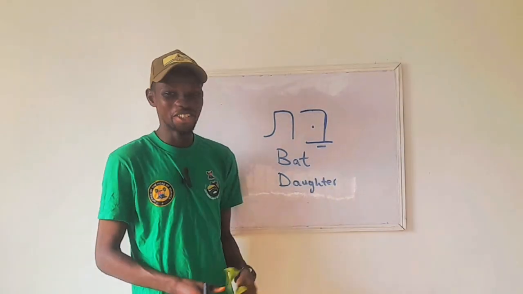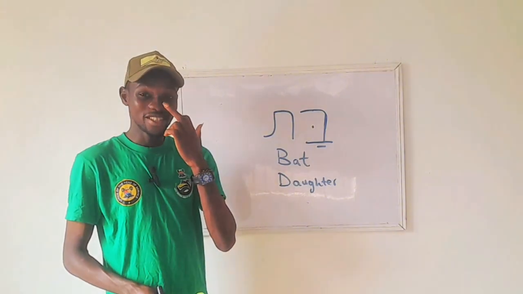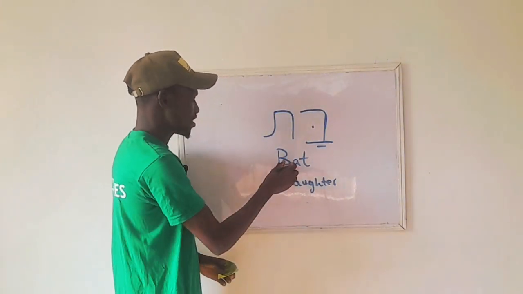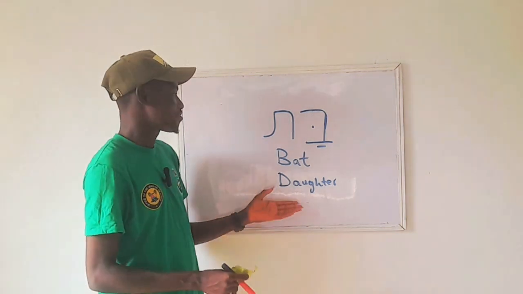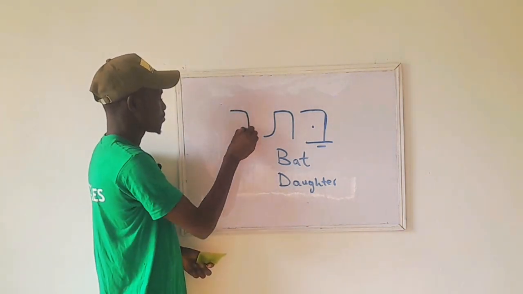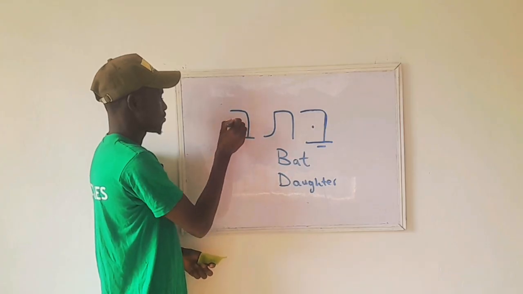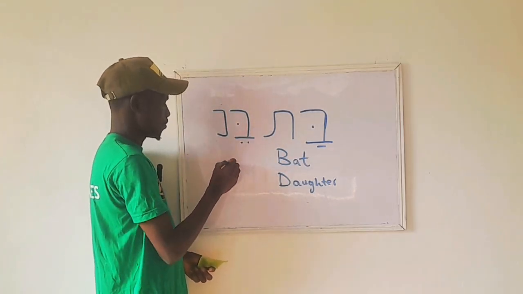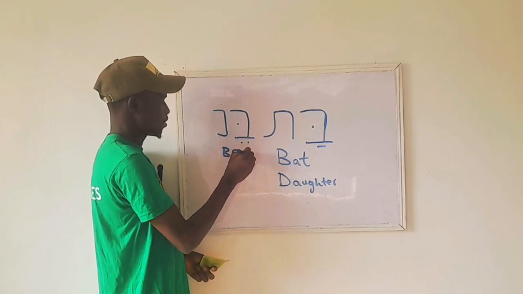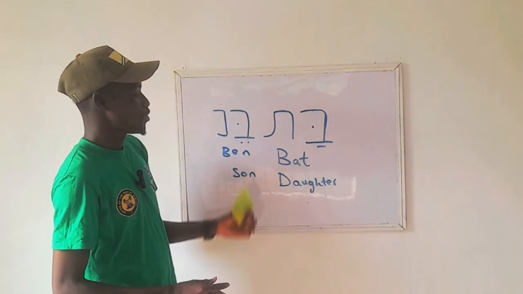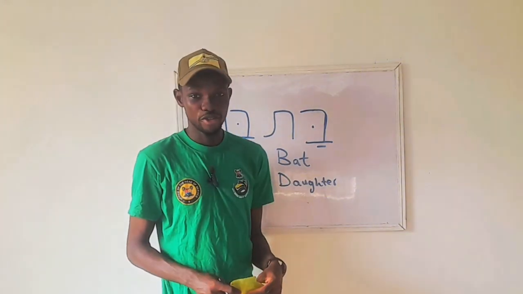Were you able to pronounce it correctly? Please let me know in the comment section. So we have bat for daughter, and Ben for son.